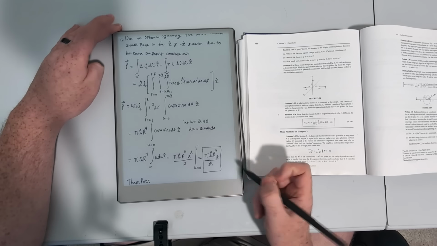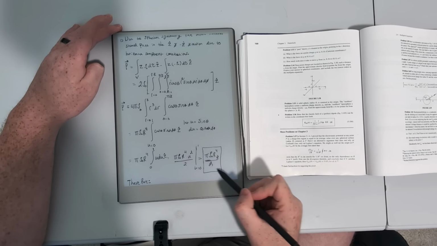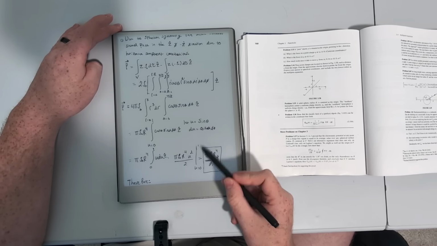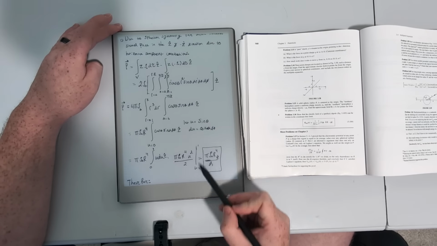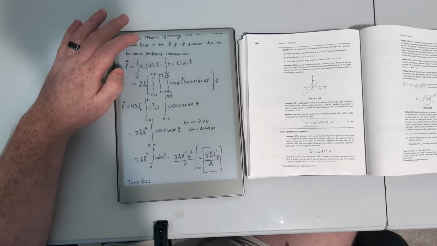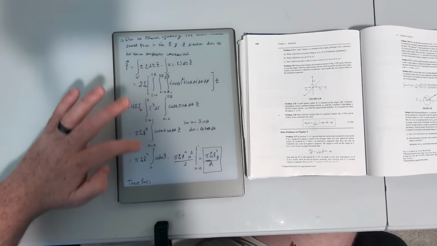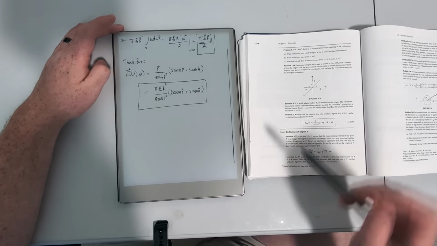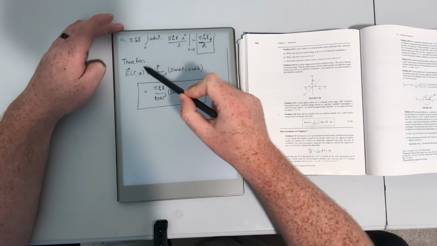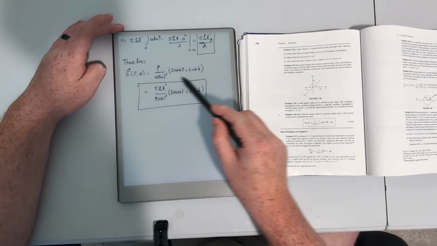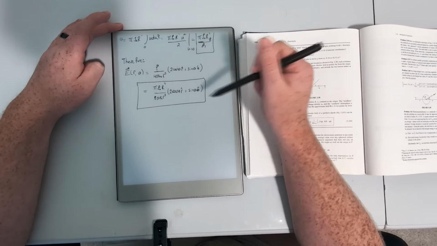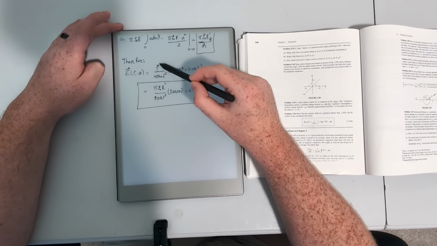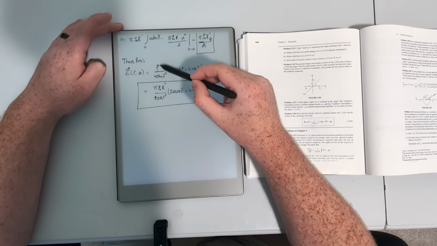So this becomes our dipole moment, which we need. This isn't the answer to the problem. This is just the dipole moment of our configuration, which we need to calculate the electric field. Right, so our electric field is given by this for a dipole. So we can just plug in the magnitude of our dipole moment here.